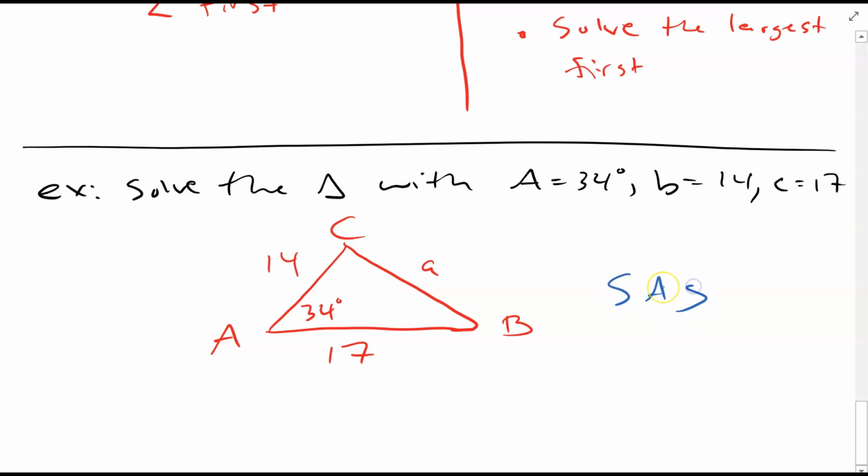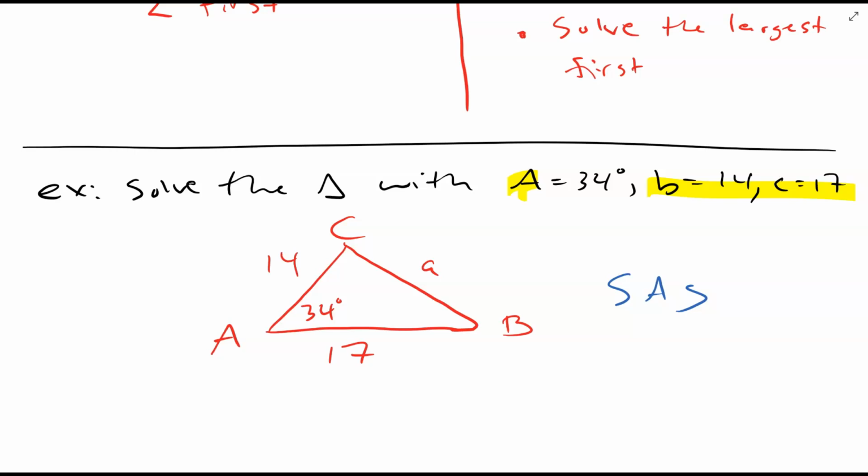I can tell because the two sides that are given are the arms of the angle. The angle is included in between the two sides. Can you do that without drawing a picture? Yeah. All you have to do is make sure that the two sides that are given are not the same letter as the angle that's given. That also tells you it's side angle side. Everybody okay there?